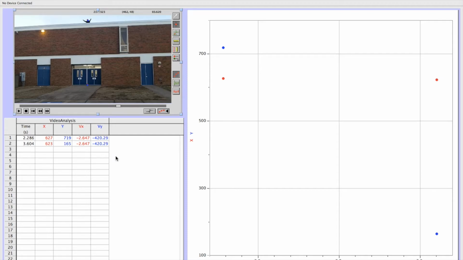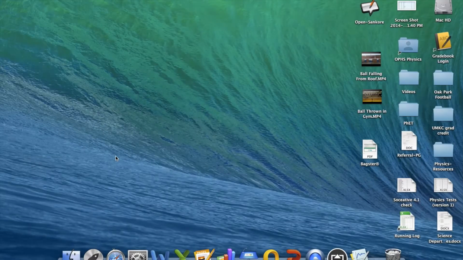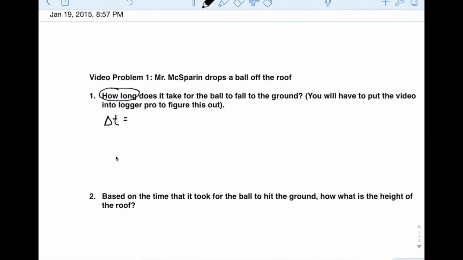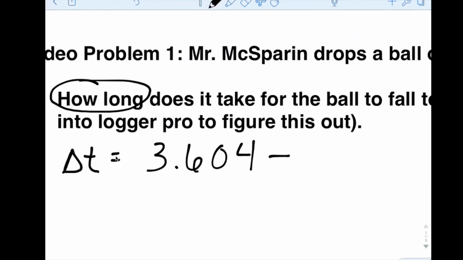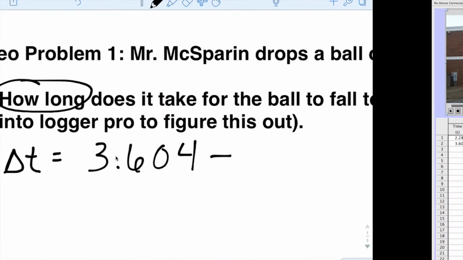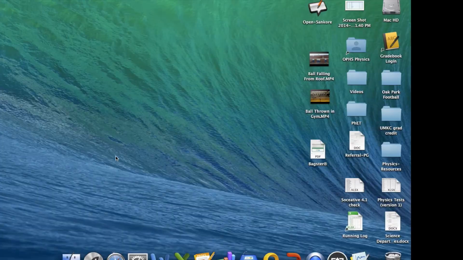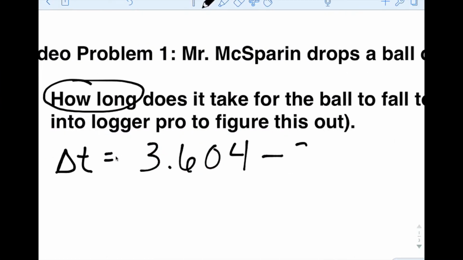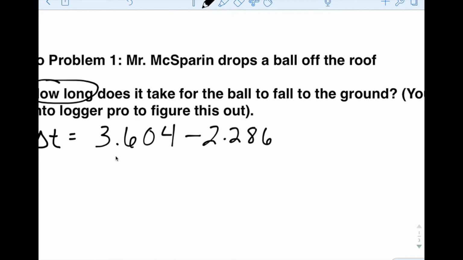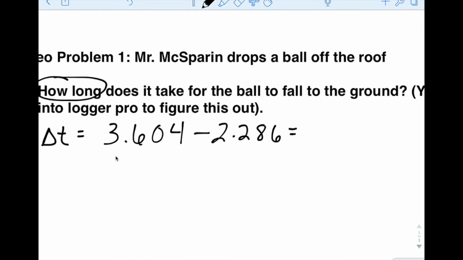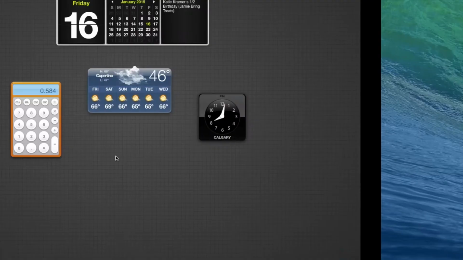So I'm going to do 3.604 minus 2.286. Sorry, guys, I don't know why it always does that. Then I want to find the difference between those two, so let's go over to the calculator.